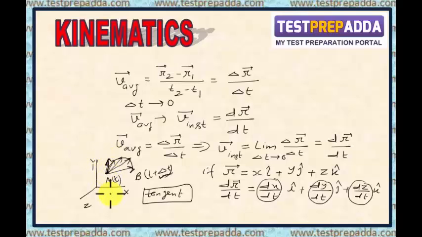And that is why this magnitude dr by dt will be equal to ds by dt, or better you say the instantaneous velocity vector at a time t is actually equal to average velocity vector.